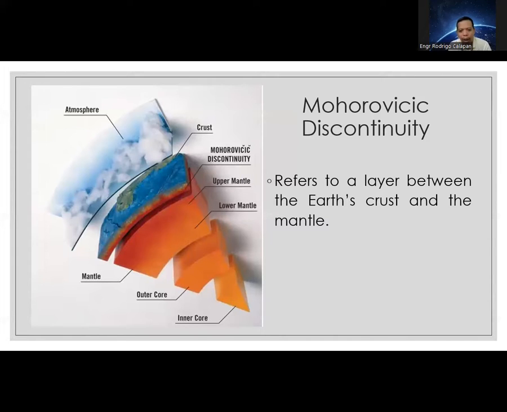The thickness of the continental crust varies with areas and can be as thick as 30 to 40 kilometers deep in certain regions. The oceanic crust is nearly uniform and is roughly 6 kilometers thick.